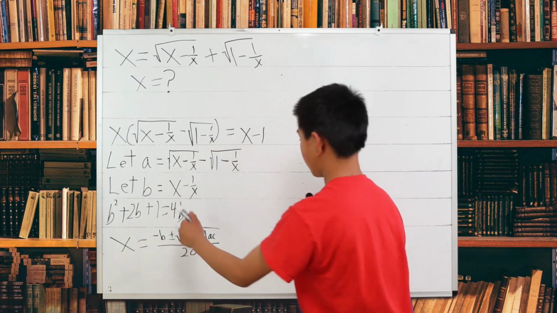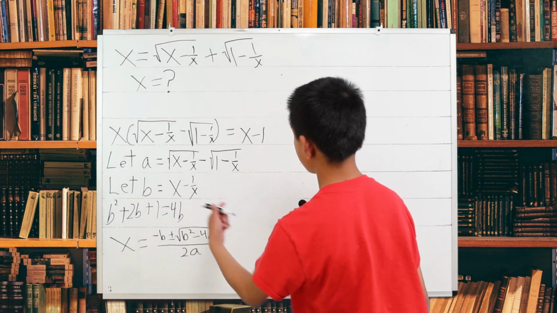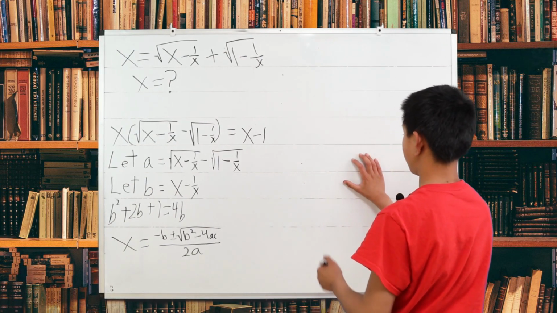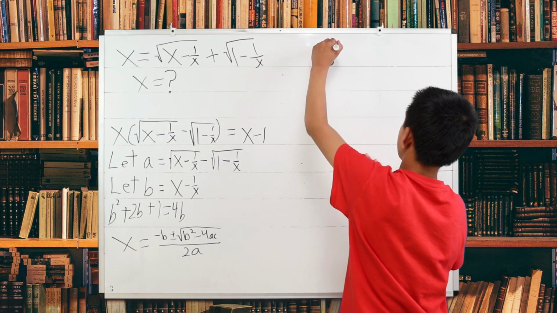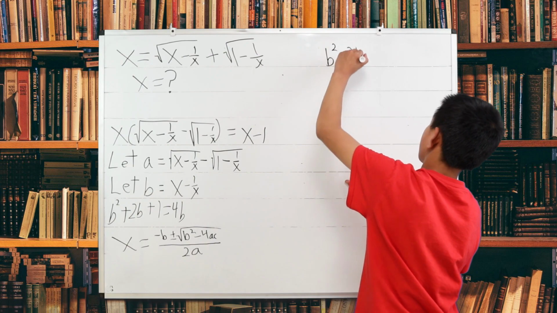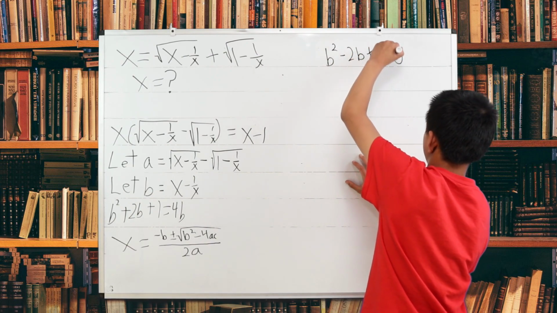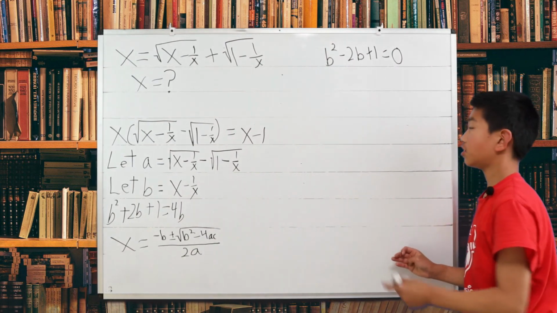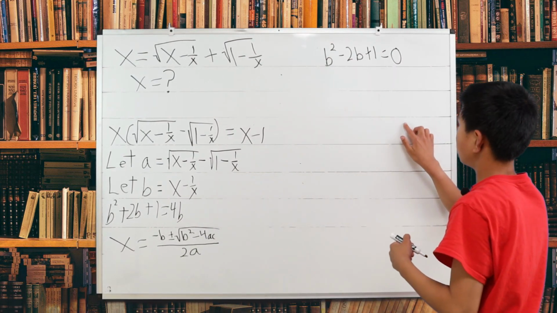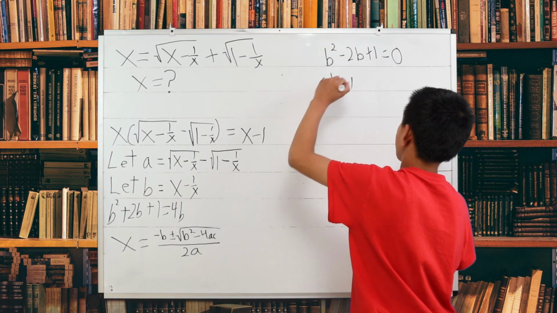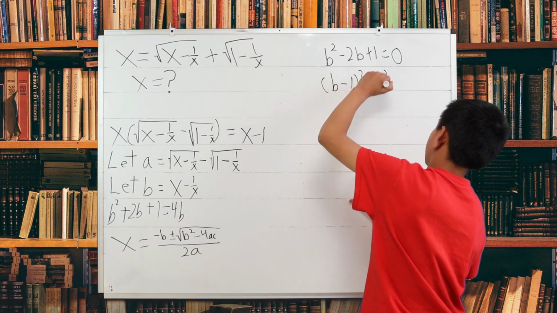Now that we found this equation, we have to make one side equal to 0, and we can do that by subtracting 4b from both sides. So b squared minus 2b plus 1 is equal to 0, and we see that this is an algebraic equation. So now we can rewrite this as b minus 1 squared is equal to 0.